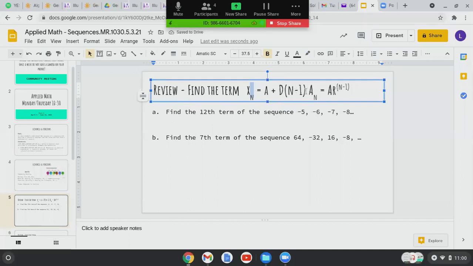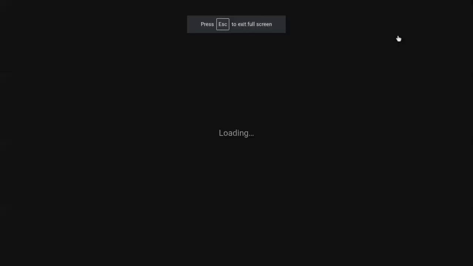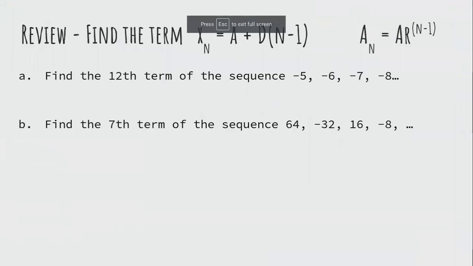So now I added the 2 formulas. If it is arithmetic, you use one. If it is a geometric sequence, you use the other.